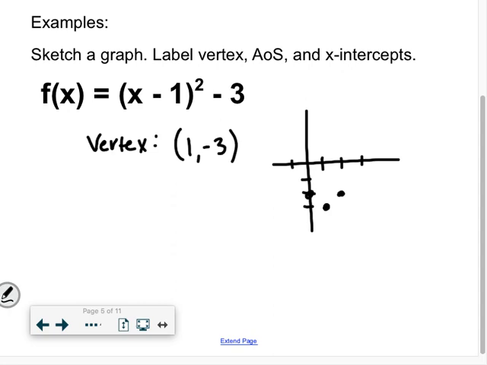And then if you want any additional points, you can use the next set, which is like, when you put in 2 for f of x equals x squared, you get 4. So you would go up 4 and right 2, so you have a point over here, and up 4 and left 2, and a point over there. I don't expect to see that many points. I'm just showing you how to get those extra points if you want them.